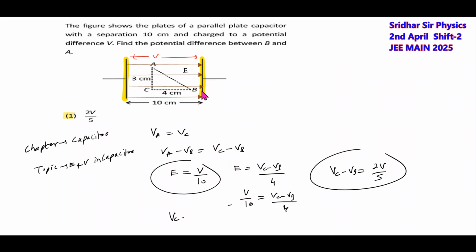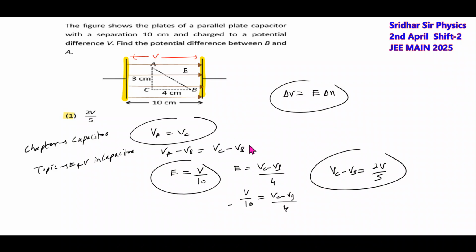VCB is the potential difference between points C and B. The potential difference between B and A, or B and C, will be the same, because potential at A equals C, as A and C lie on equipotential lines. Simple, based on electrostatics. In a uniform electric field, potential difference is equal to E into delta X, where delta X is measured in the direction of the electric field. This is the concept.